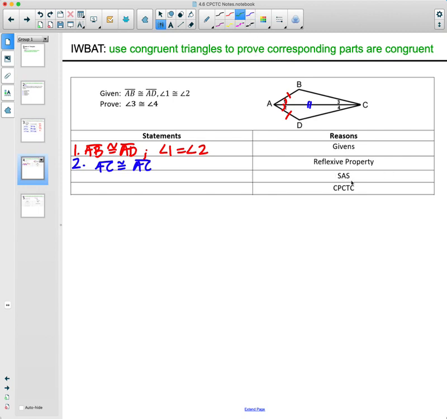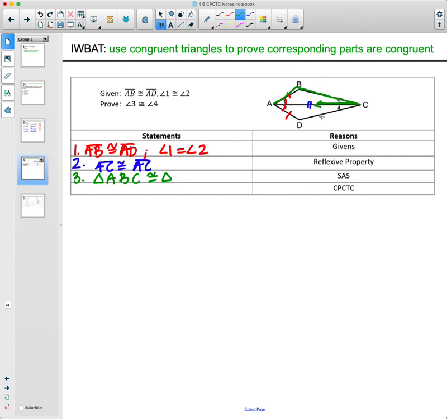The next reason suggests that we're proving the triangles are congruent using one of our ways to prove triangles congruent. So triangle ABC is congruent to what other triangle? The order would be this red arced angle, to B, to C, and then back.